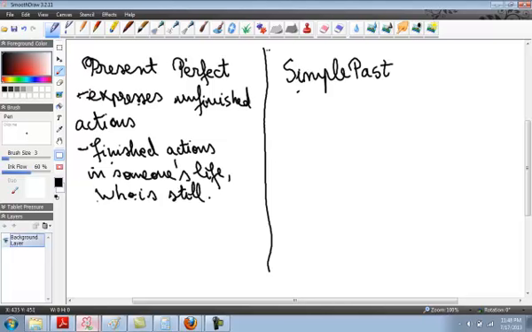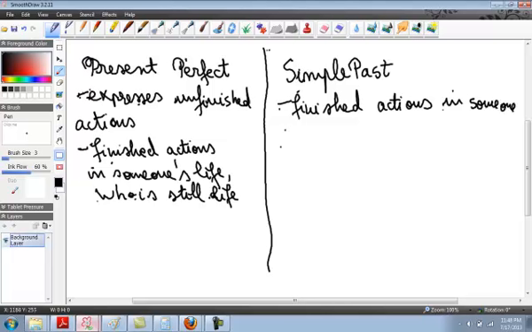Unlike in the simple past, where we express finished actions in someone's life who no longer lives.